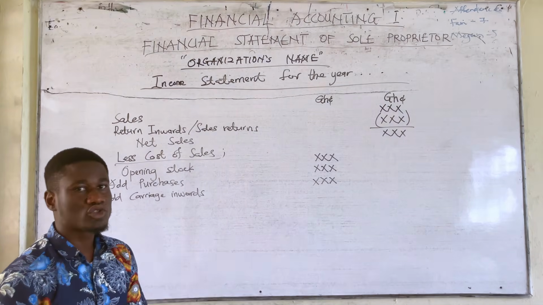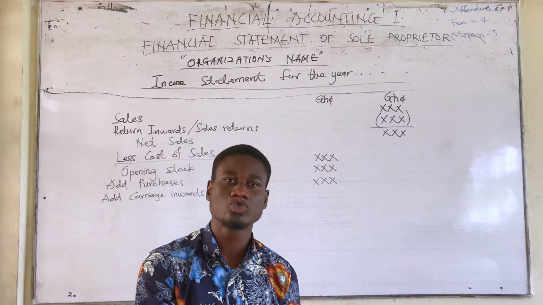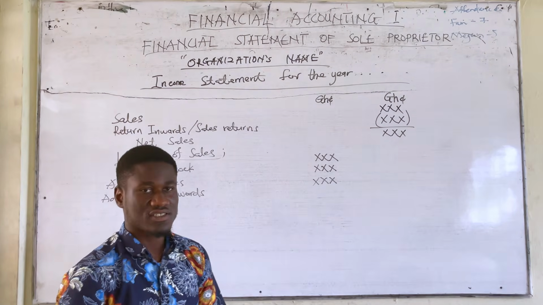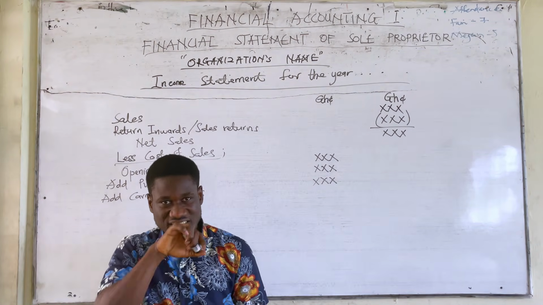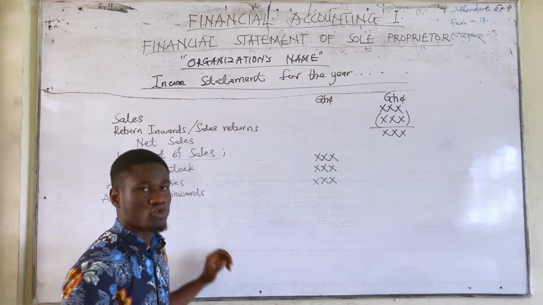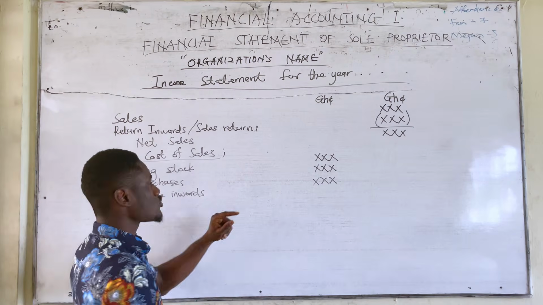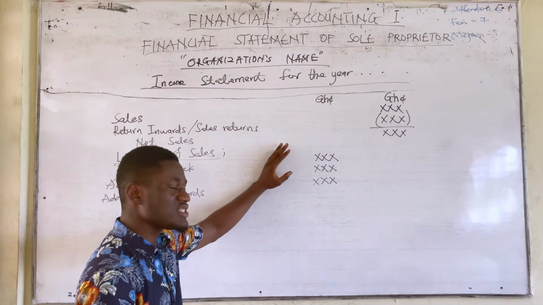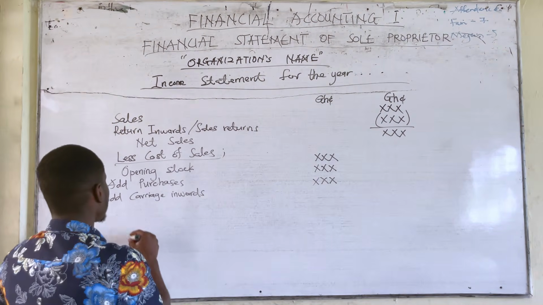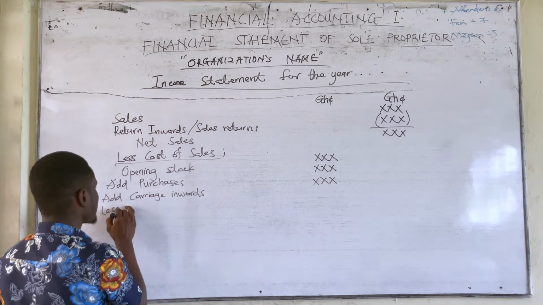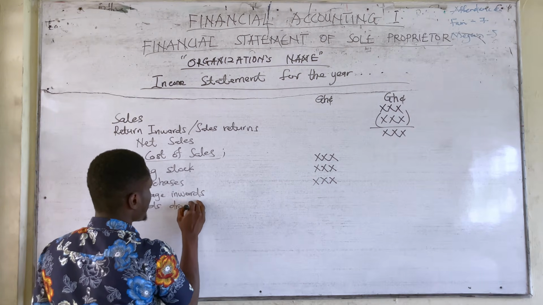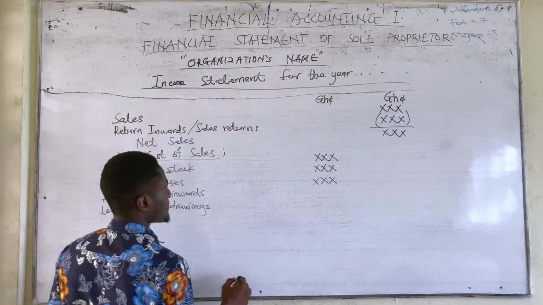Then we'll less any drawings. If there was any goods drawings, you have to less it from these figures. Not cash drawings. The question can give you cash drawings and goods drawings. What you have to note is that you will less your goods drawings from these items, not your cash drawings. Good. So when you come here, less goods drawings.